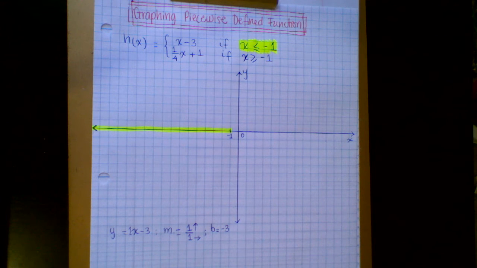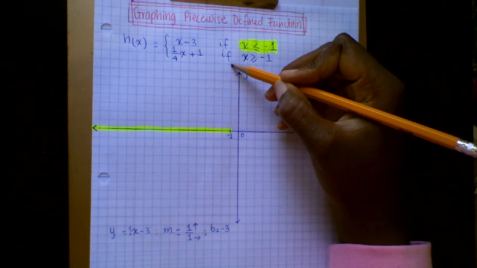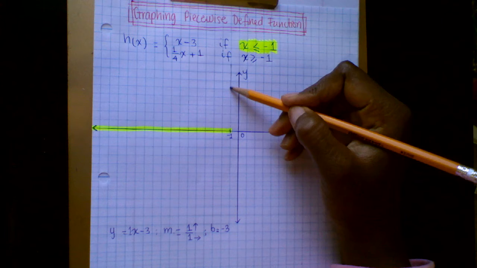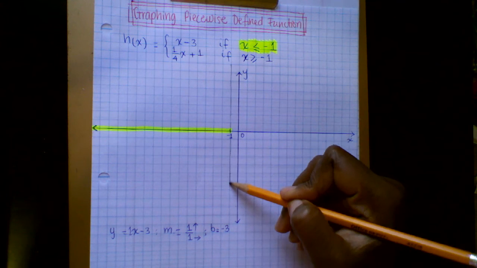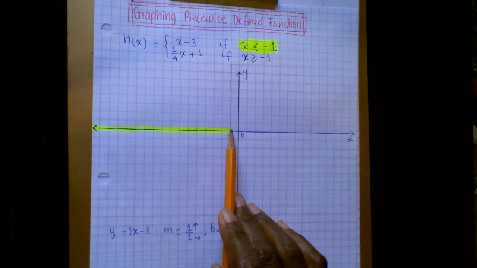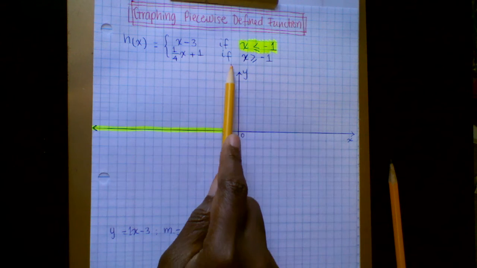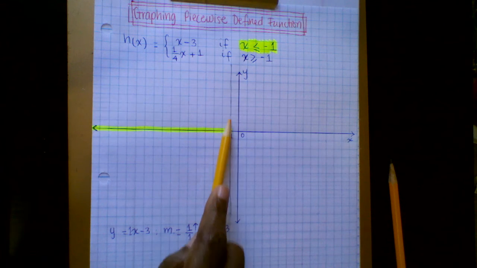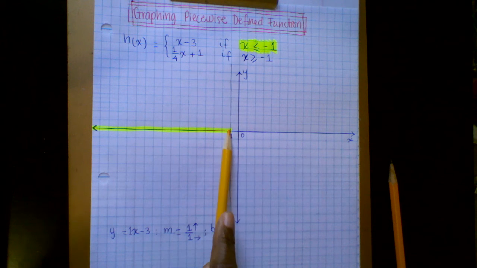And remember, you want to follow the restrictions. The domain restriction is that the x value must be less than or equal to -1. So I'm going to draw a vertical line as a visual reminder never to cross that line. The line of the function cannot cross over the line x equals -1, though it can be on the line.